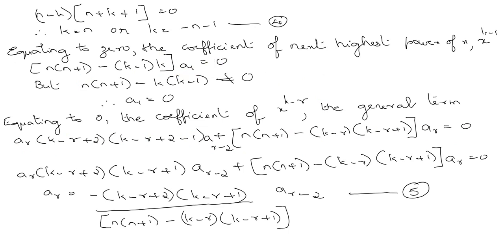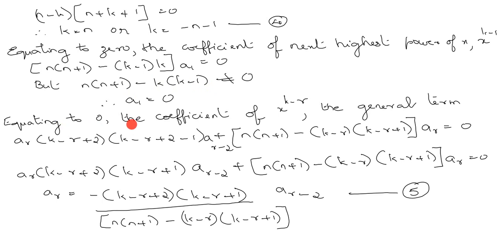But from the above equation number 4, we can check that n(n plus 1) minus (k minus 1)k is not equal to 0. So the only option to satisfy this equation is a1 is equal to 0. So we obtain that a1 is equal to 0.